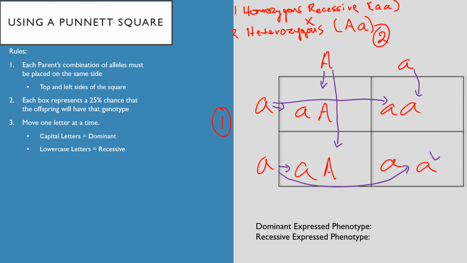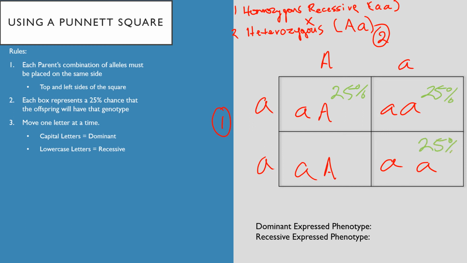And so now, remembering that this is a 25% chance for each one, I can determine how many of these offspring have a chance of being dominant expression in their phenotype or recessive expression in their phenotype.